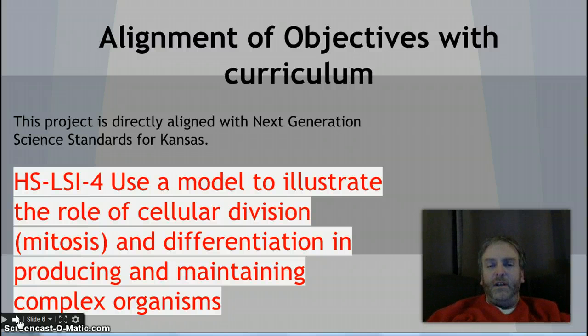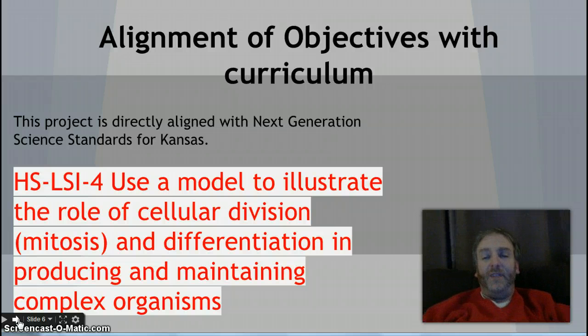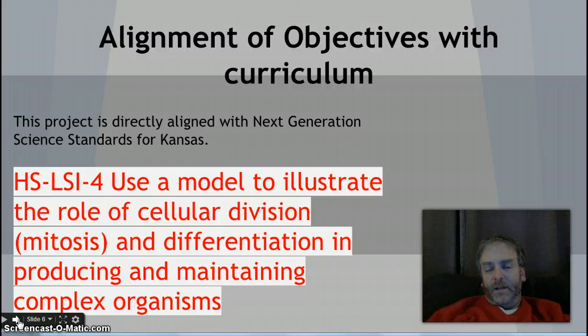vague as well. So, for the question of how do the objectives align with my curriculum, I think I mentioned before in some other posts and lessons that we are moving towards Common Core, and for science, it's the Next Generation Science Standards or College and Career Readiness standards for science for Kansas.